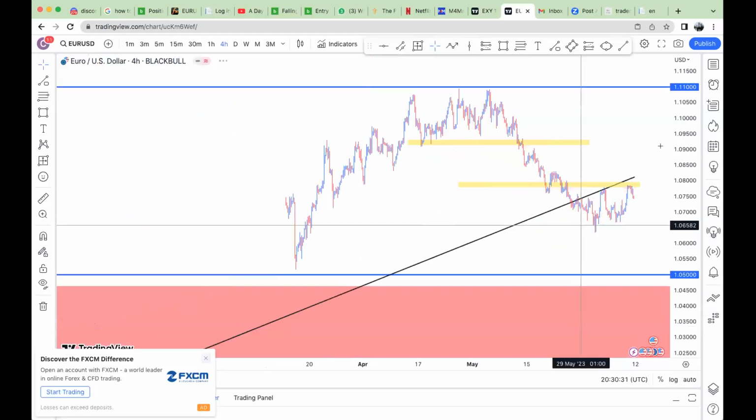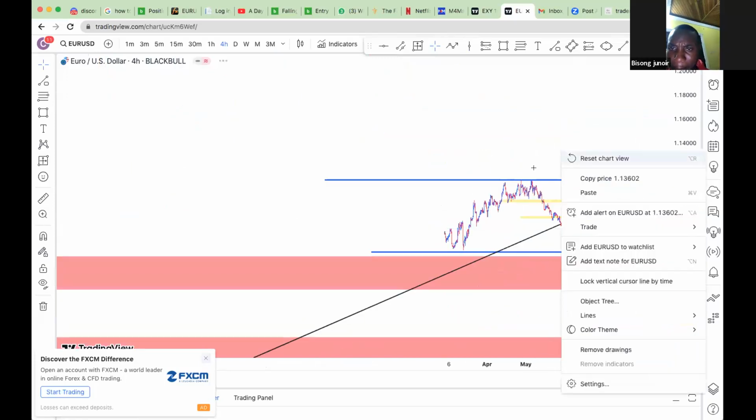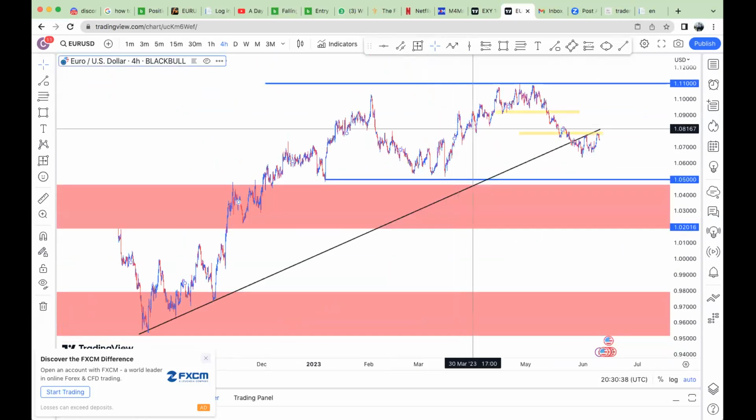I post almost all my trades on the group, if not all, so you can know when I'm losing money and when I am not. The thing is that I don't post numbers, I just post charts, because the purpose is educational. I'm not posting as a signal. I'm posting so that you know how I am making the decision.